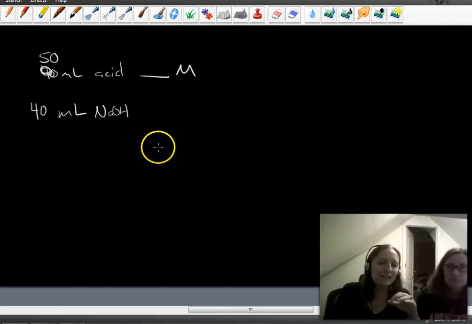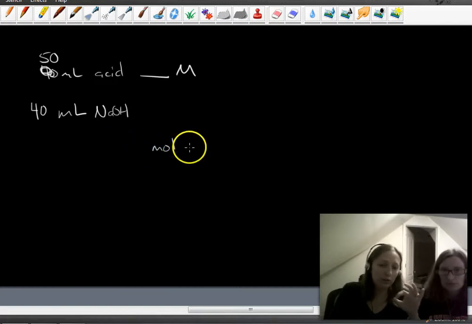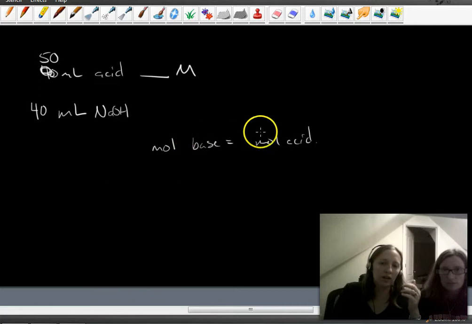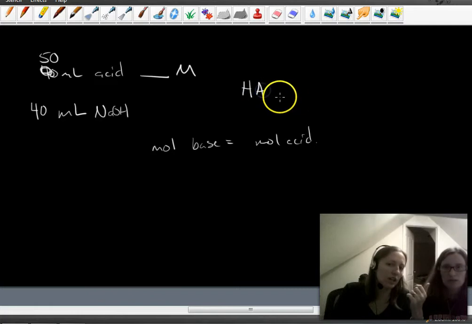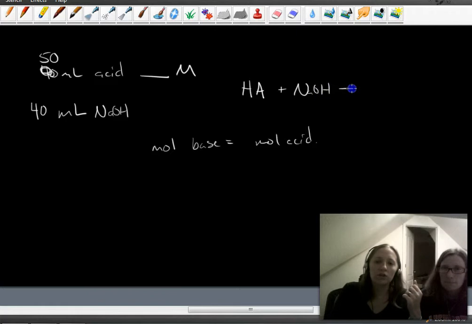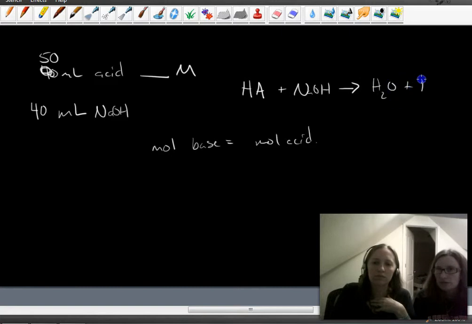And what that means is at the equivalence point, the moles of base is equal to the moles of acid. Because what we're doing is this reaction: we don't know what acid it is yet, so we're just going to call it HA. HA plus NaOH. What are you going to make when that neutralizes? H2O plus NaA.